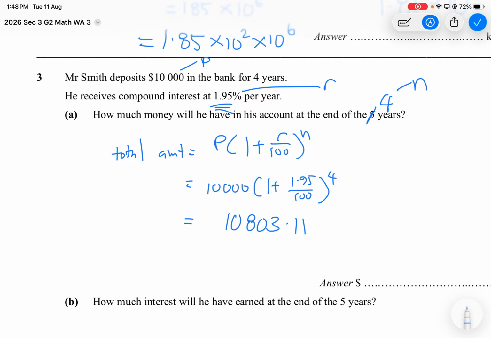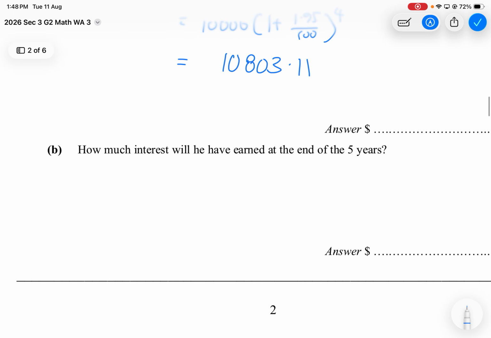Okay? Able to put in all the numbers, you get 1 mark. Final answer, 1 more mark. That is the total amount. Your total amount means you put in the 10,000, the interest come in, then all together like that. So how much is the interest?